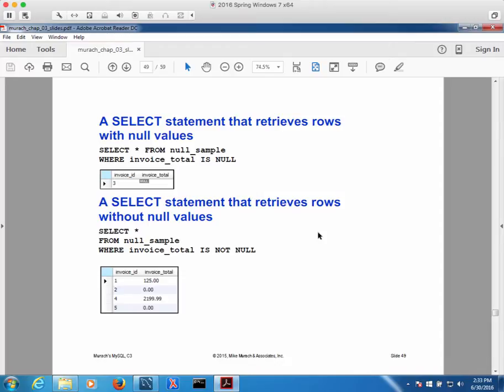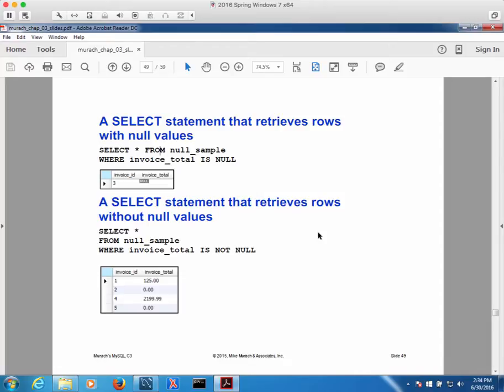Now I'm going to tell you, and I'm pretty sure that there's an exercise on this. Don't compare null as a value. So invoice total is null is the way to express it. Invoice total equal null is not going to get you what you want.